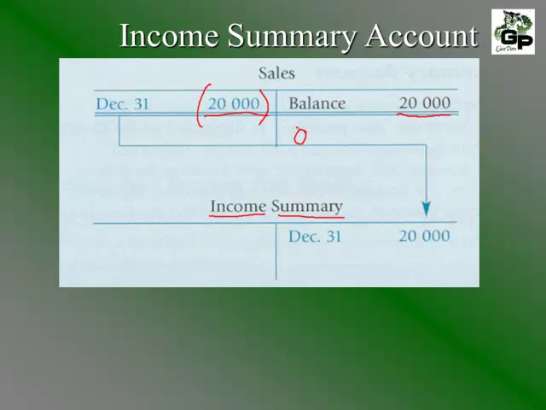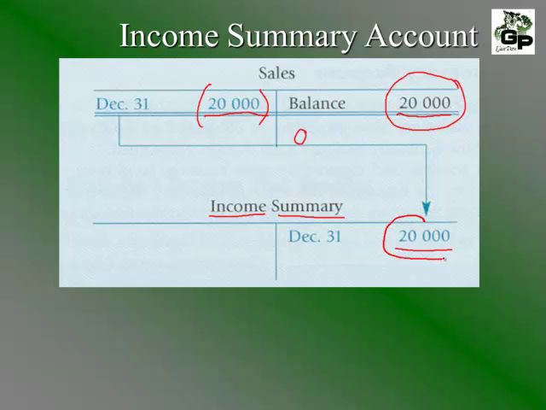So what we have to do is the opposite. We take the $20,000 and we add it to the Income Summary Account as a credit. So you can see right here, Income Summary has a credit of $20,000. Now, you'll notice that this is exactly the same as what we had in the sales.